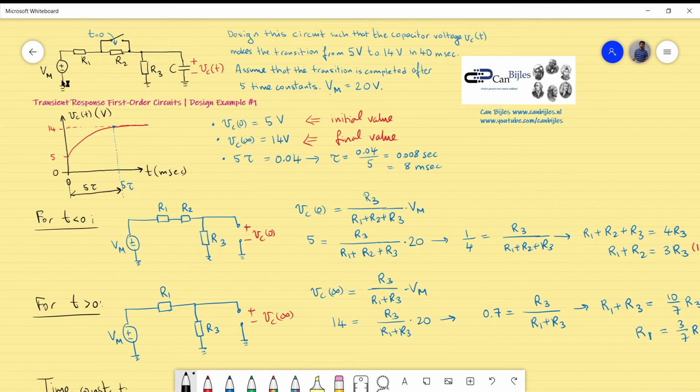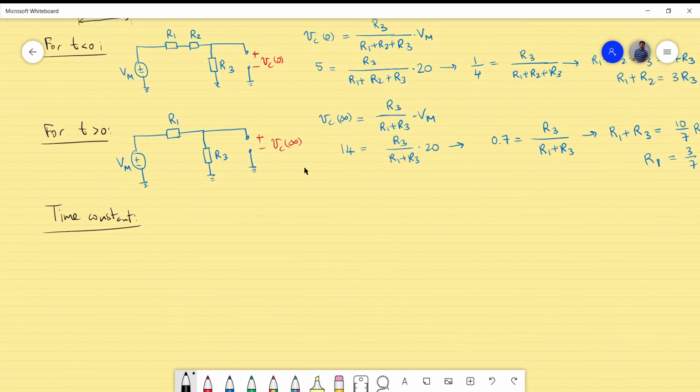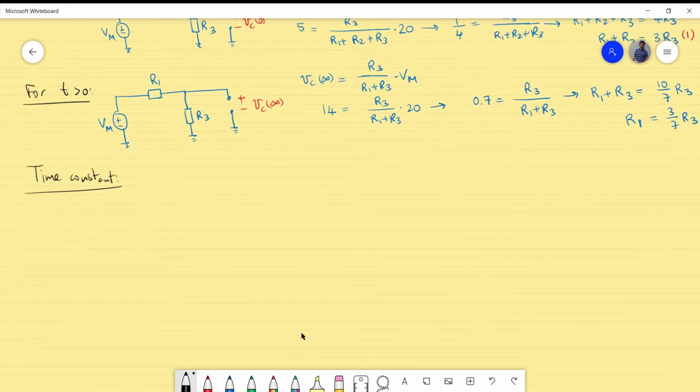This one will be a short circuit. So what we have is the following. I redraw the circuit again to make the situation clear. So what we have is a short for the Vm, we have our R1, we have our R3, and we have our capacitor, and I will draw this to make sure that we see the terminals. These are the terminals of the capacitor.